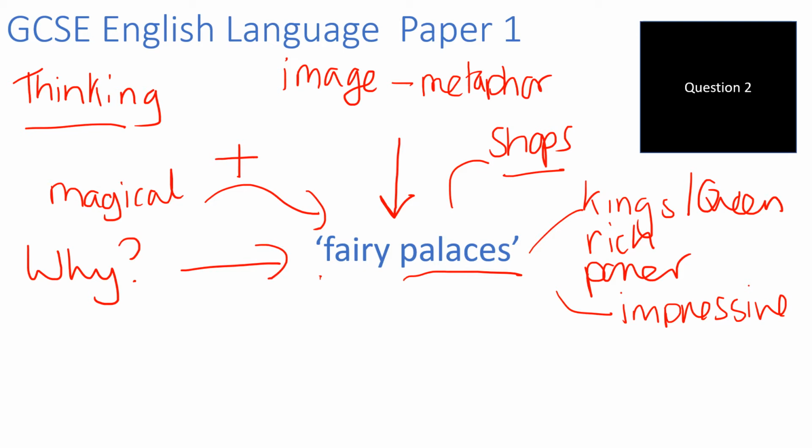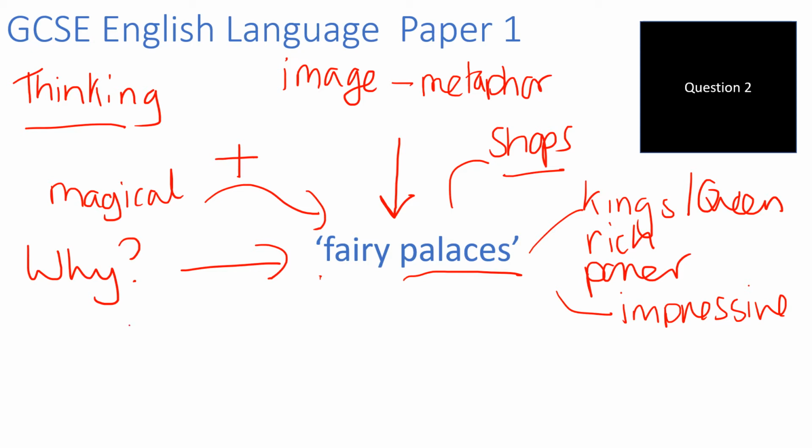Does Rosabelle, this character, does she see it like a fairy palace? Is she seeing it as something magical or impressive? Well, actually, if we think about the story, Rosabelle is quite sad and miserable. So it describes it as a fairy palace, but actually for Rosabelle, it isn't a positive thing.